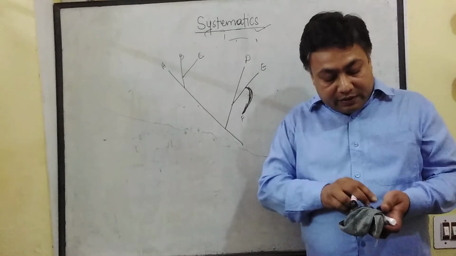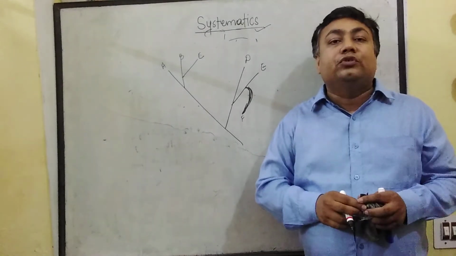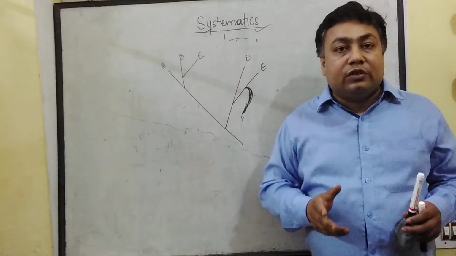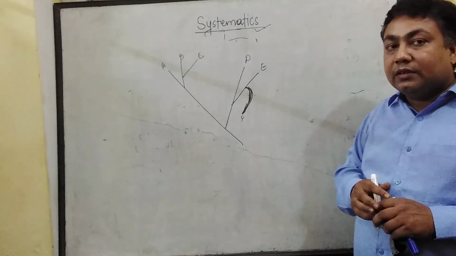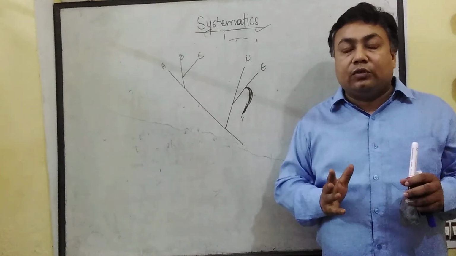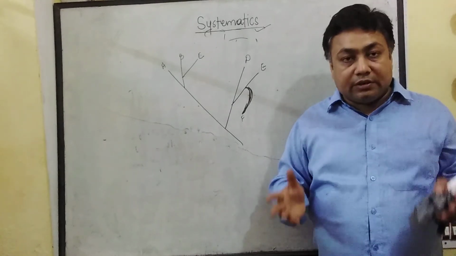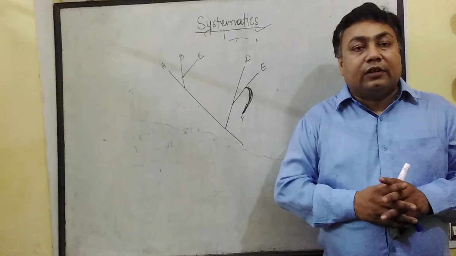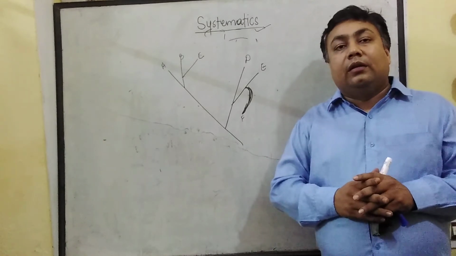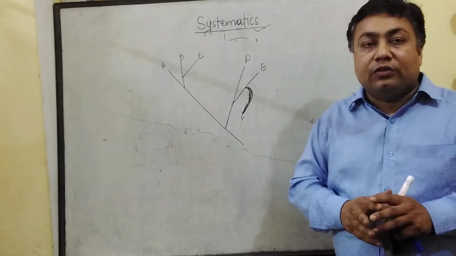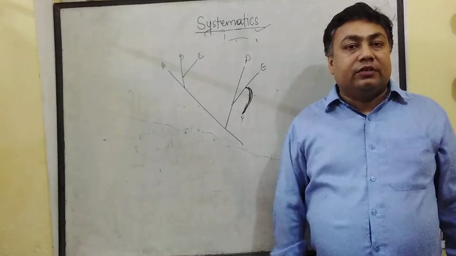Okay, I think you all have understood what is systematics or biosystematics or botanical systematics, how it is different from taxonomy, and the branches or disciplines in which we study it, like numerical taxonomy, biochemical systematics and experimental systematics.